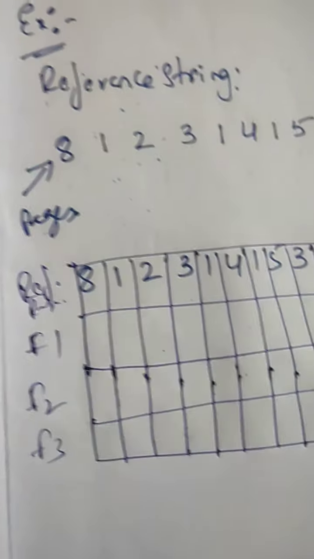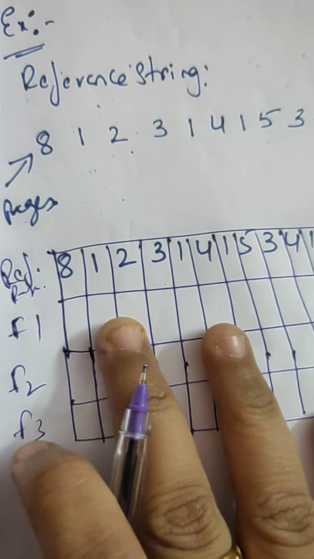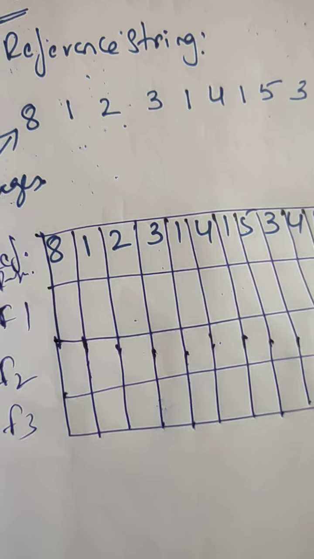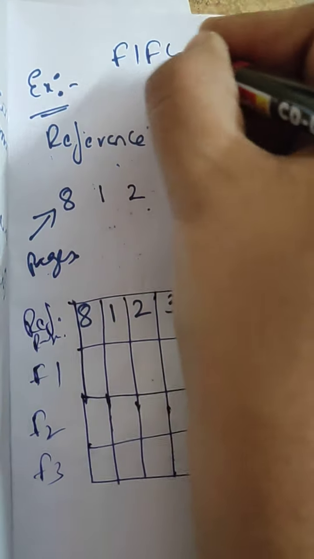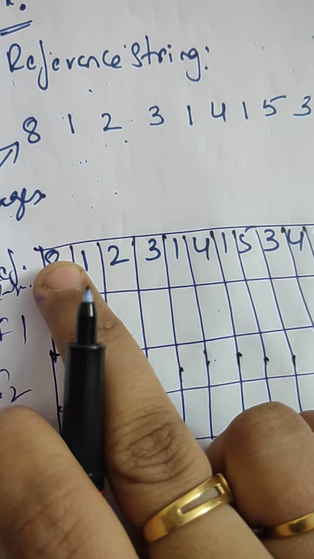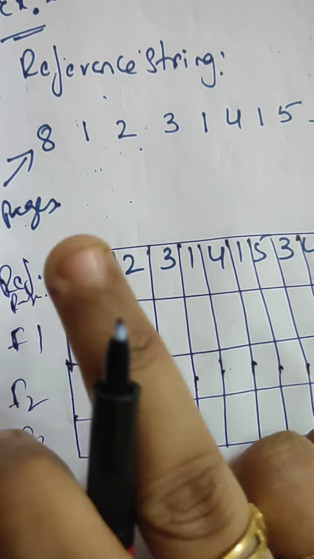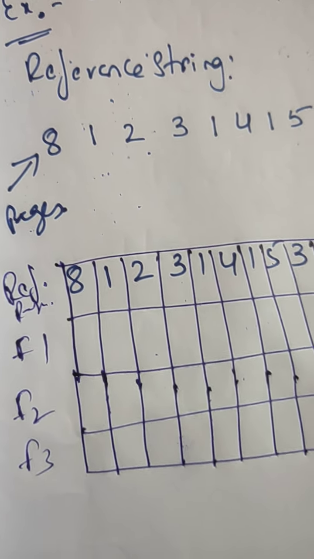This concept is about an example of first in first out. Whenever the process demands a particular page, now my page is 8, so it cross-checks whether it is there in the main memory or not.